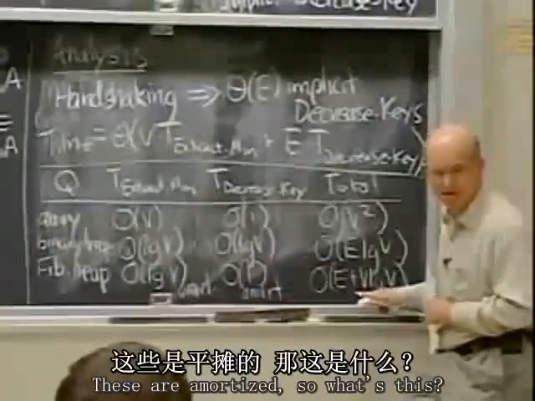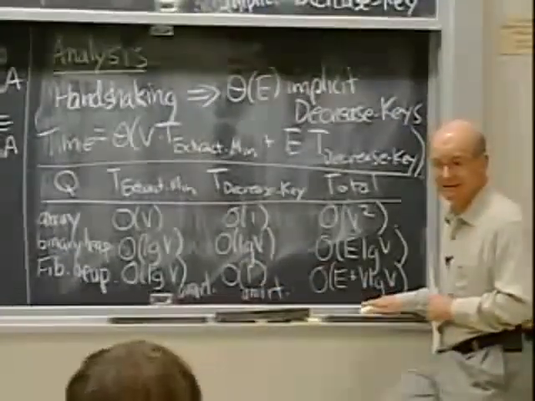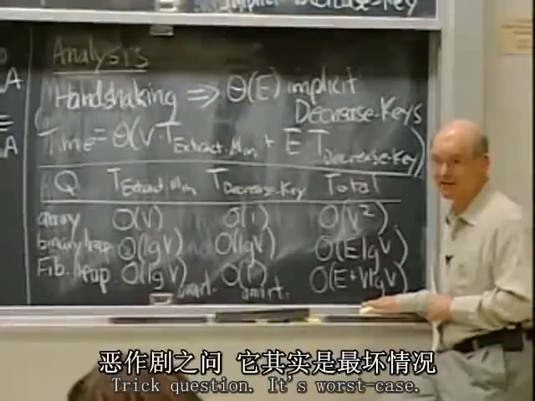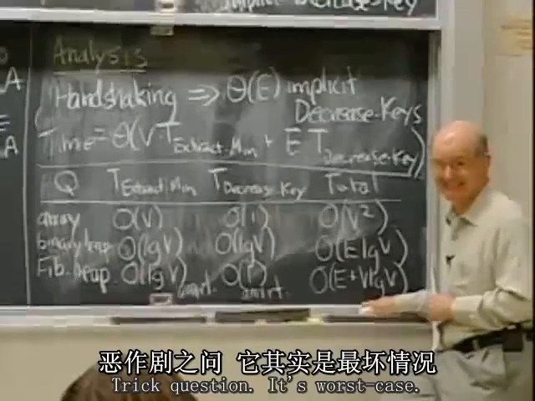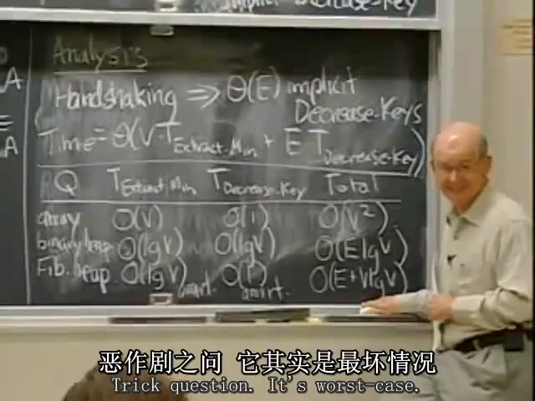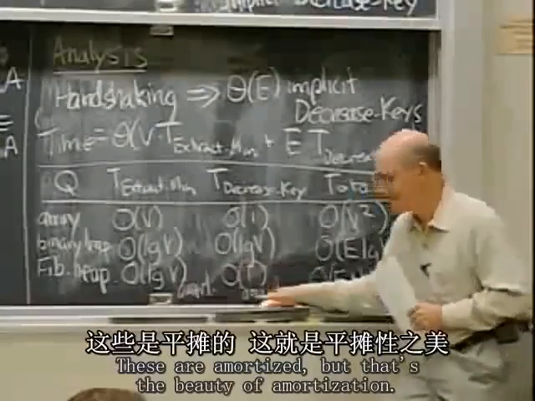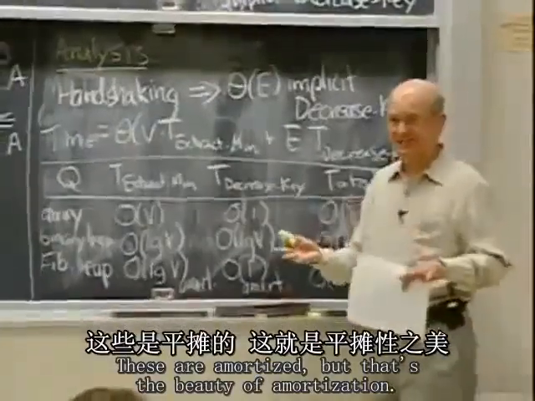These are amortized, so what's this? Trick question. It's worst case. It's not amortized over here. These are amortized, but that's the beauty of amortization.